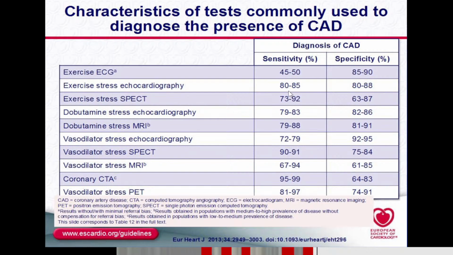The best result is demonstrated by exercise stress echocardiography, but it strictly depends on the level of skill of the investigator and on other factors like the quality of the baseline echo picture. And also we can use the whole spectrum of these investigations.